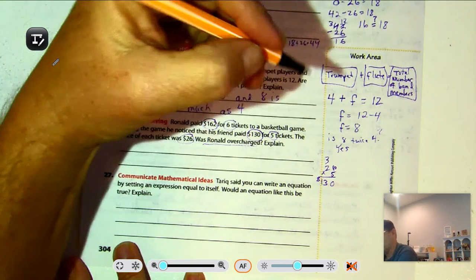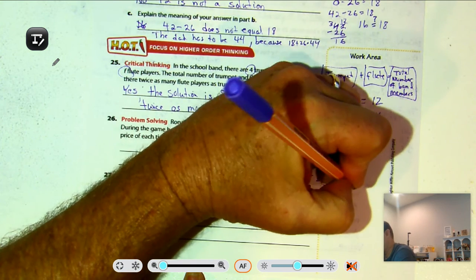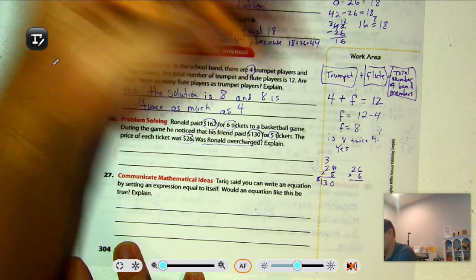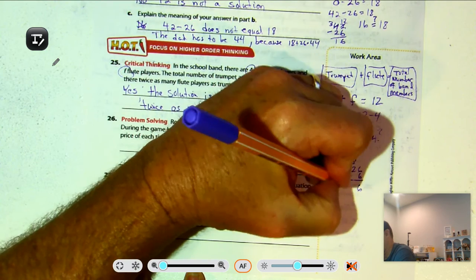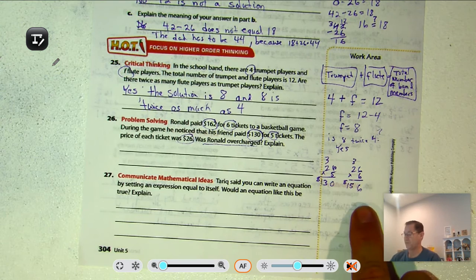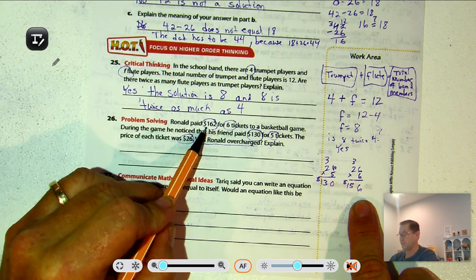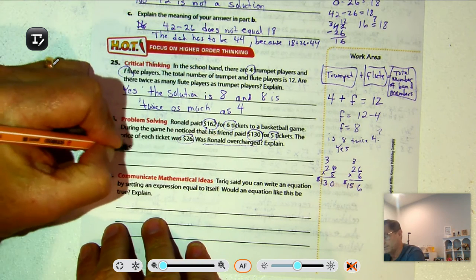If we do 26 times 6, we get 156. So he should have been charged $156, but he was charged $162. So yes, he was.